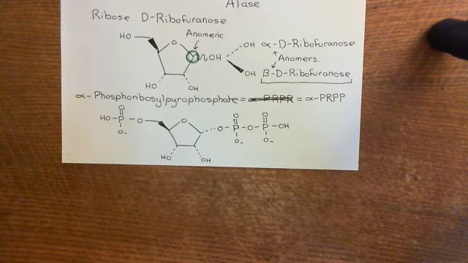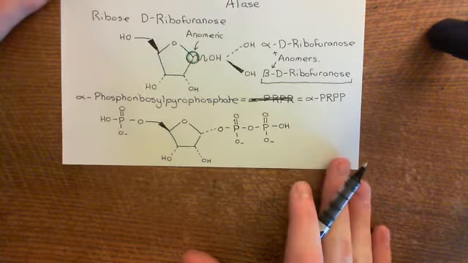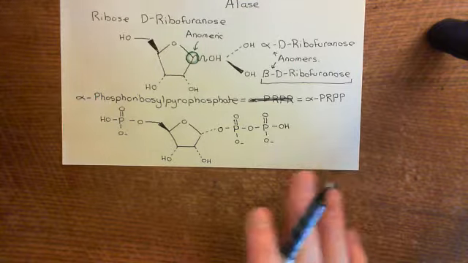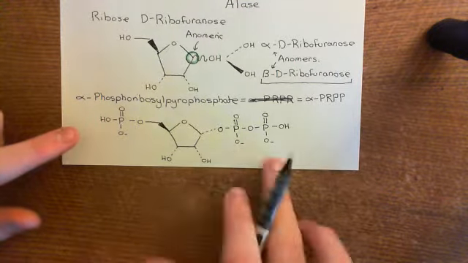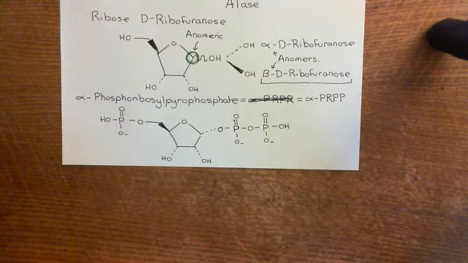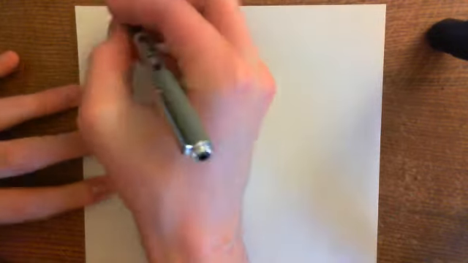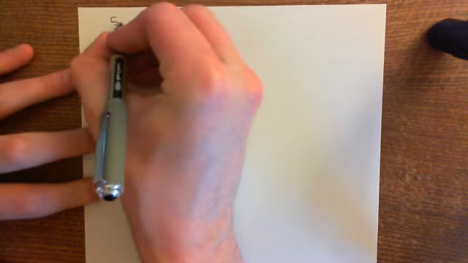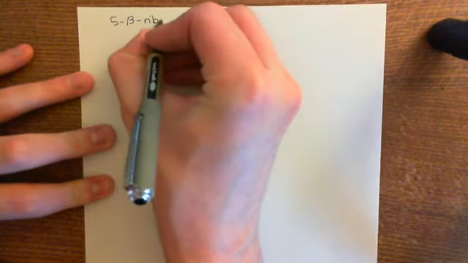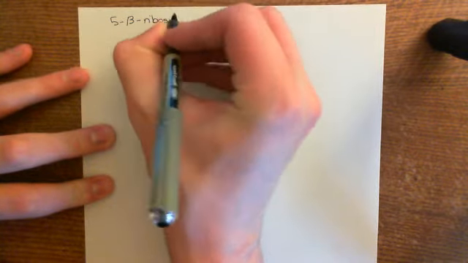Right, so the amidophosphoribosyl transferase, which is the target for this drug azathioprine, is going to work on this molecule alpha phosphoribosyl pyrophosphate, and let me show you what it's going to convert it into. So it's going to convert it into a molecule that is called 5-beta phosphoribosylamine.